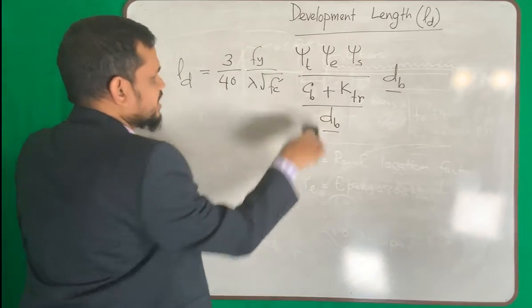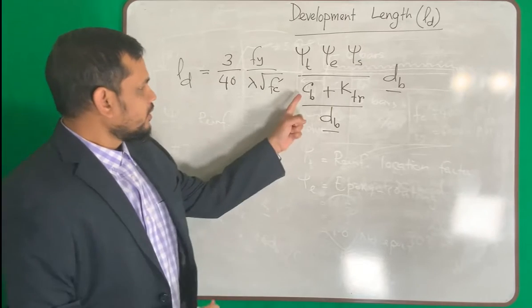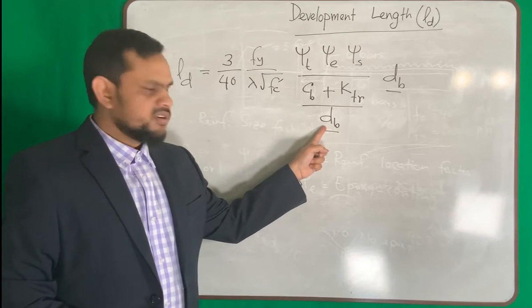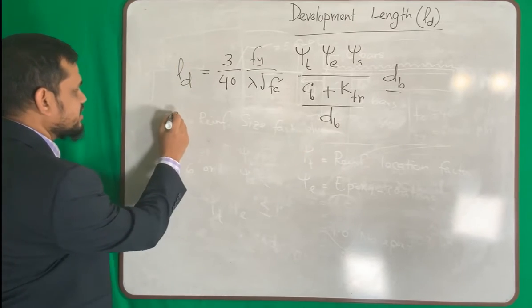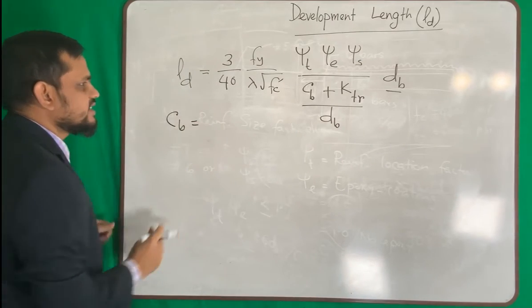Now we have some discussion here. This one there's no discussion. This is the diameter of the bar. There's discussion on c_b. What is c_b?